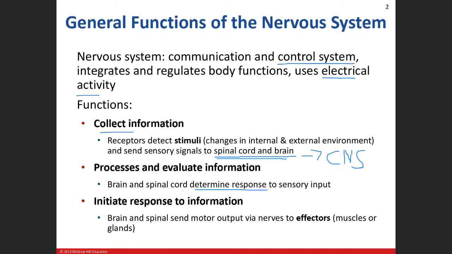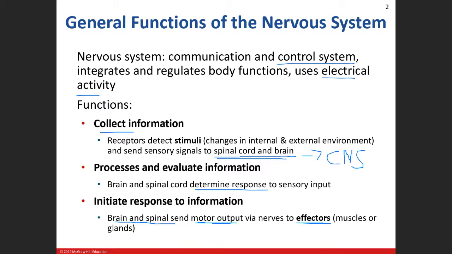So one of the two structures, the brain and/or the spinal cord, is going to send what we call motor output from the central nervous system to the effector organs. And for our purposes, the effectors are going to be either muscles or glands. That includes all three muscle types, skeletal muscle, smooth muscle, cardiac muscle, and all the glands.